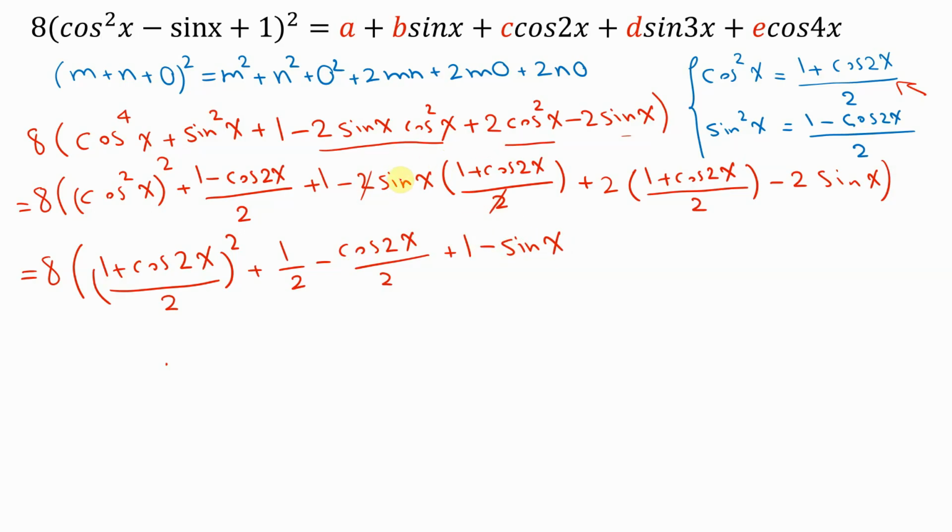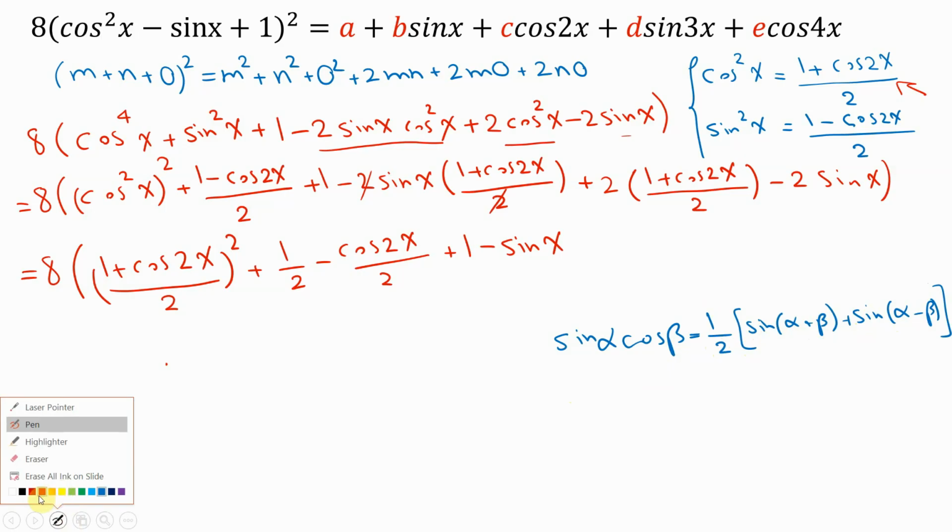And how about this one? Sinusoid of x times cosine of 2x. Again, as a reminder, we can use sinusoid of alpha times cosine of beta equals 1 divided by 2 times sinusoid of alpha plus beta plus sinusoid of alpha minus beta. We can use this formula for the next expression.